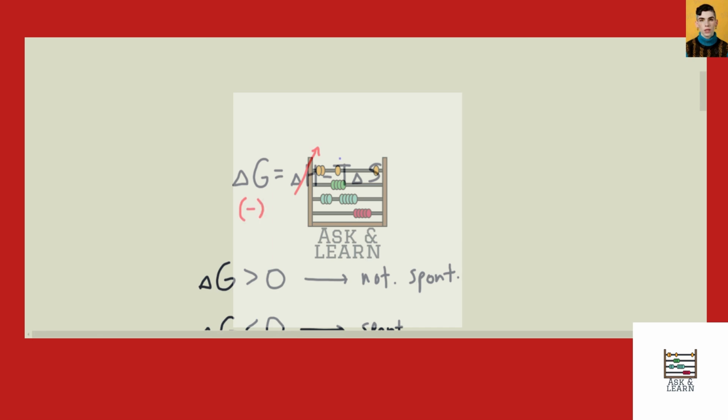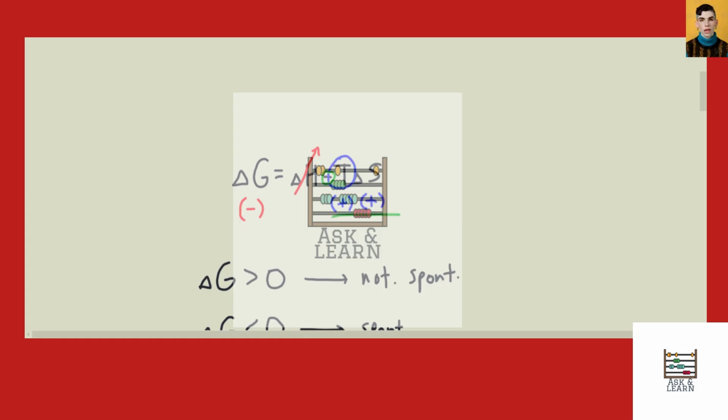Temperature is in units of Kelvin, or absolute temperature, so it's always going to be a positive value. But this negative sign out in front of the term T times delta S means that if the sign of delta S is positive, then when we multiply T and delta S, we get a positive value.